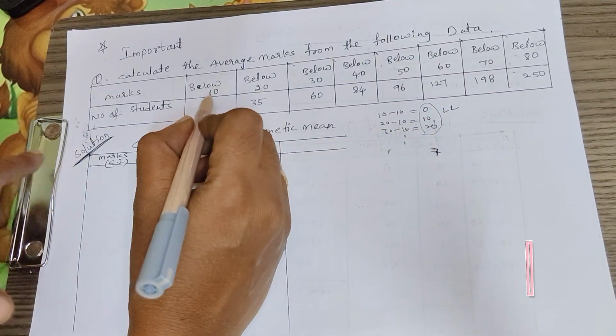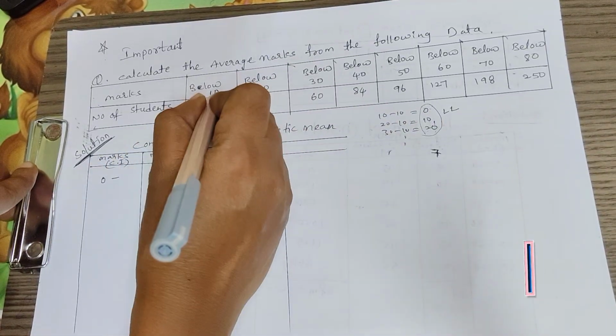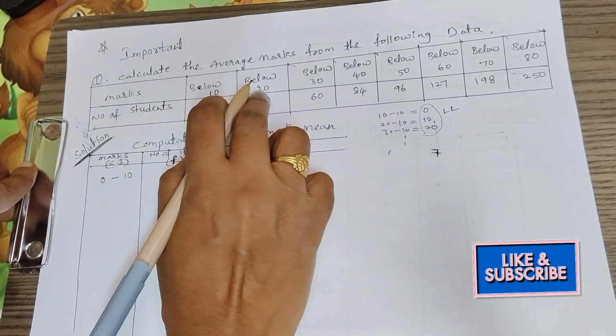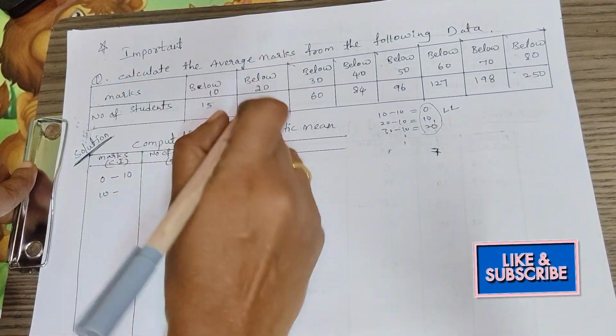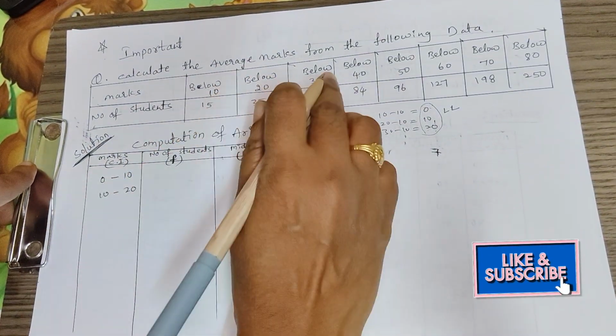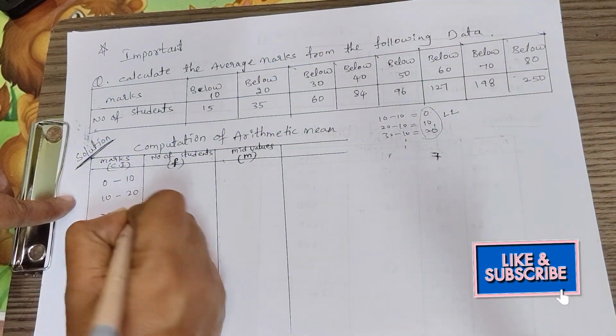See here, what is the lower limit of 10? It is 0, and the upper limit is 10. What is the lower limit of 20? 10, and the upper limit is 20. What is the lower limit of 30? 20, then upper limit 30.